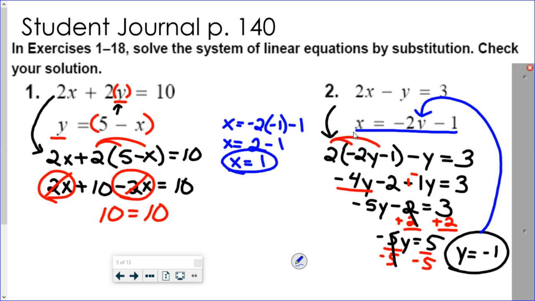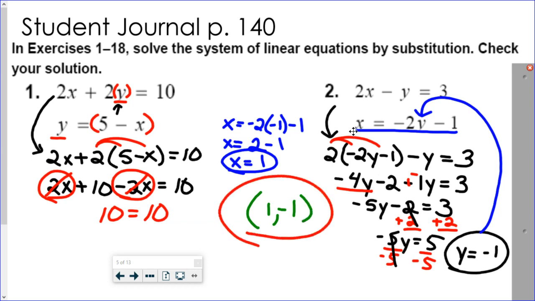So x equals 1, y equals -1. My answer is the ordered pair x, y. That's my final solution because they equal actual numbers. Sometimes they might be not nice numbers, but that's okay.